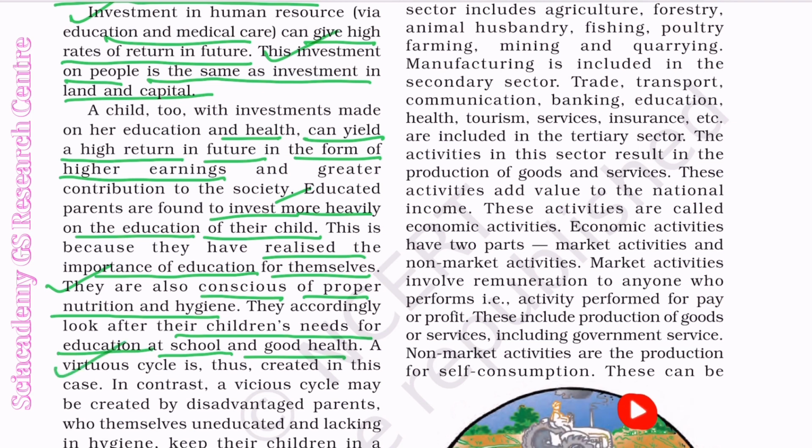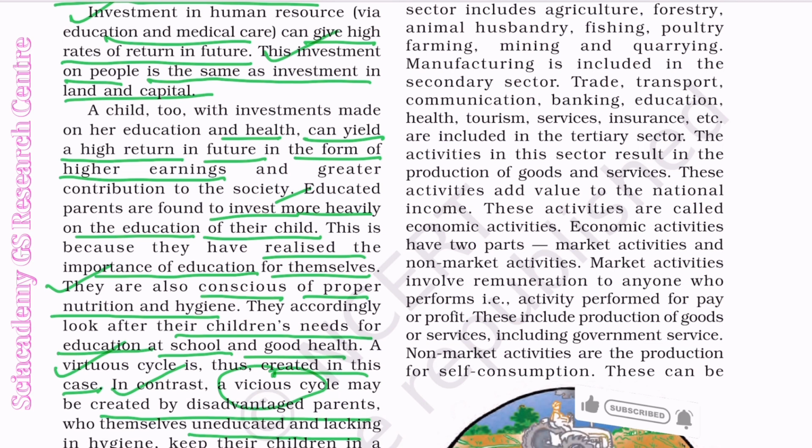A virtuous cycle is thus created in this case. In contrast, a vicious cycle may be created by disadvantaged parents who, themselves uneducated and lacking in hygiene, keep their children in a similarly disadvantaged state.